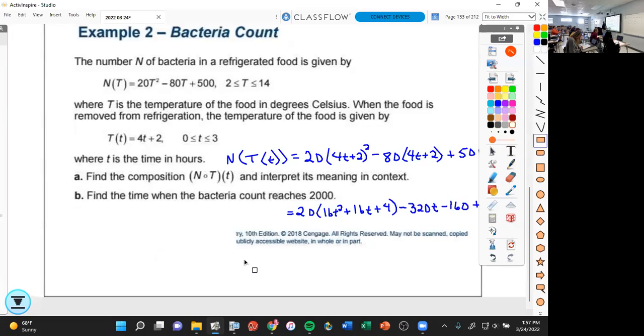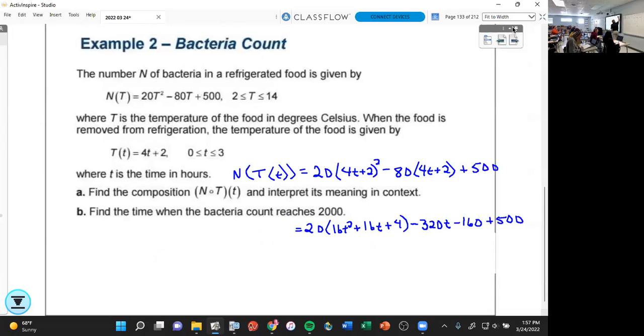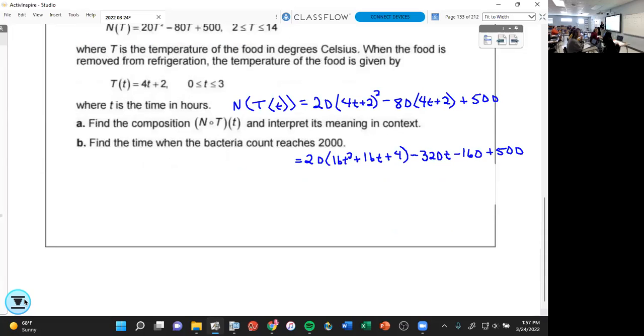Next step. What should we do? Okay. Anything else? Okay. Can we do it all at the same time?